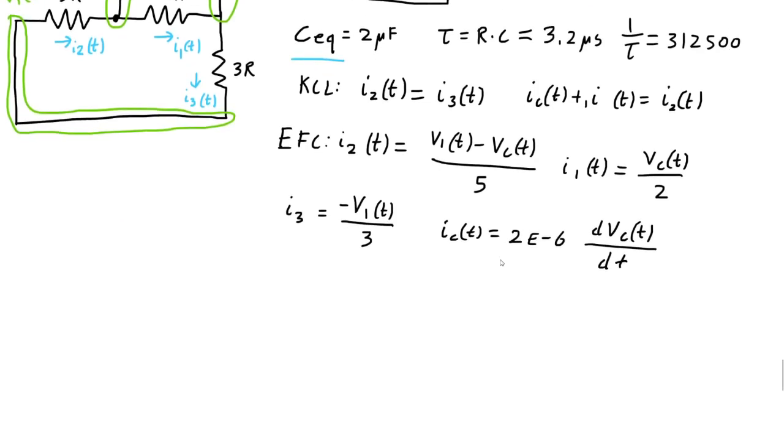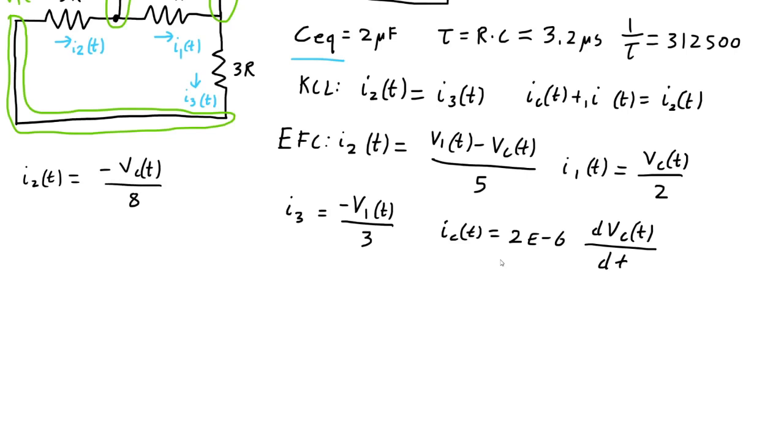To do that, the first thing I want to do is find an expression for I3 and I2, for V1 actually. Just to make my life a little bit easier, I already drew the KCL for it. I2 and I3 are equal. So another way to write I2(t) would be minus VC(t) over the 5 plus 3, which is 8.